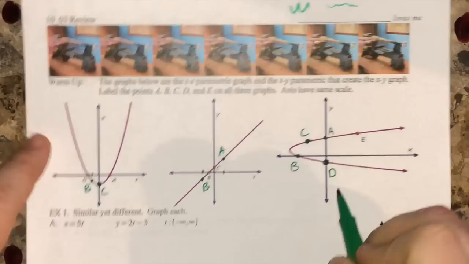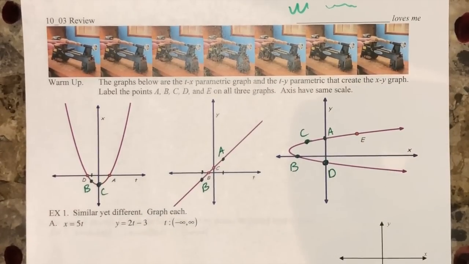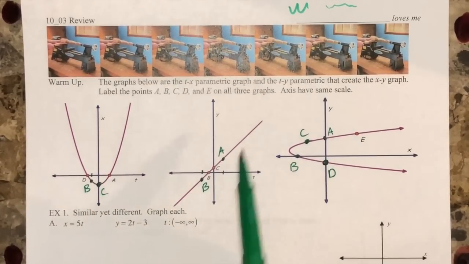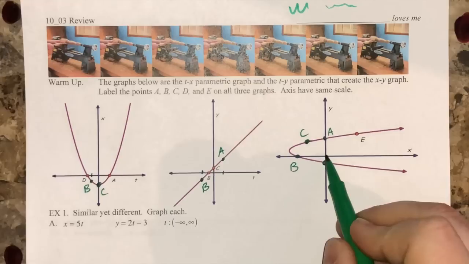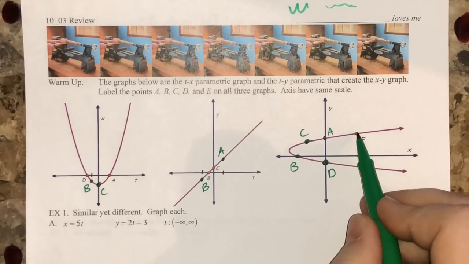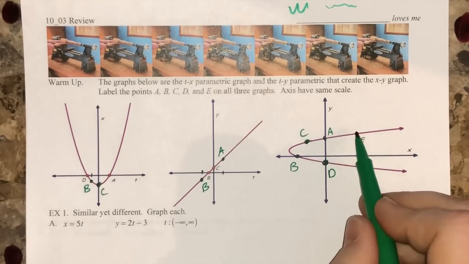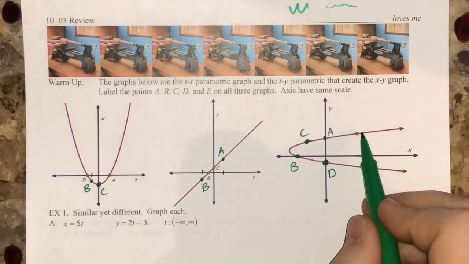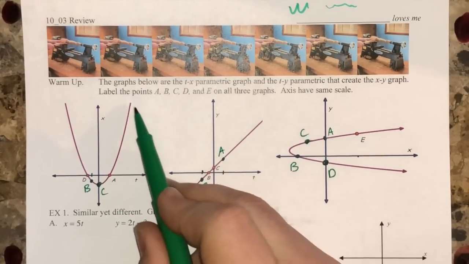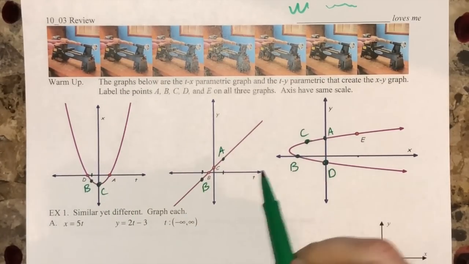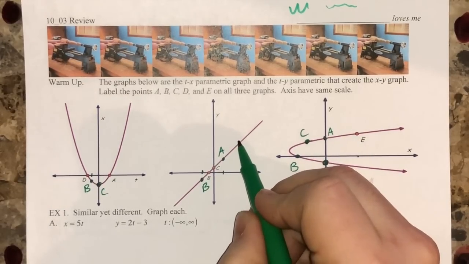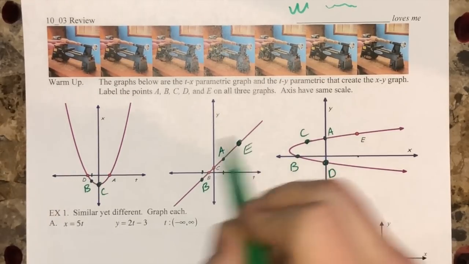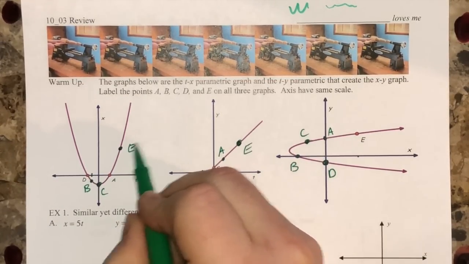This must be point D. And then we have all of them over here, A, B, C, and D. But this last one is E. E has a positive x and positive y. Positive x, so we've got to live over here, and a positive y, we've got to live up here. So that's somewhere over here, E, and let's call this E.